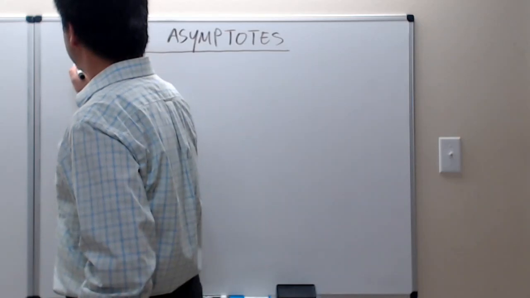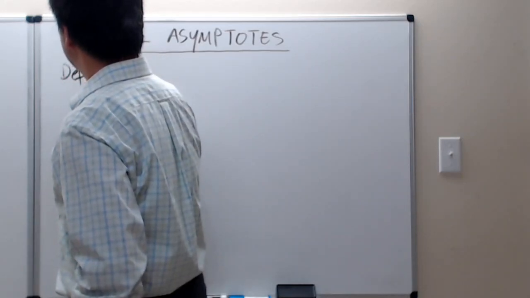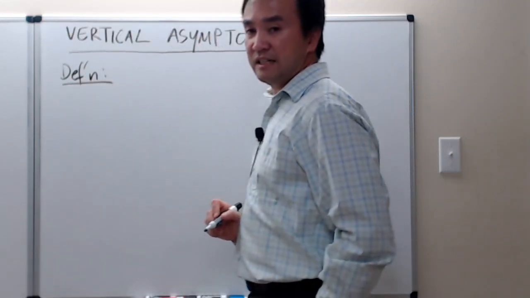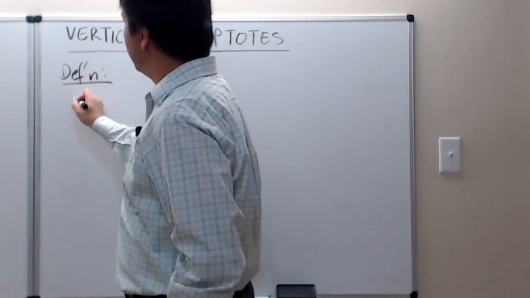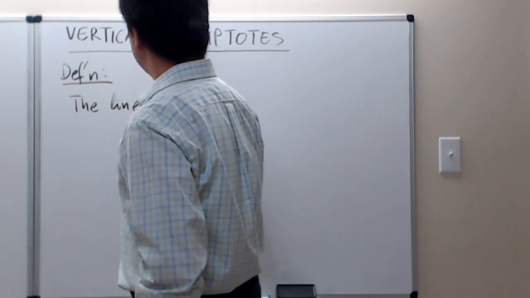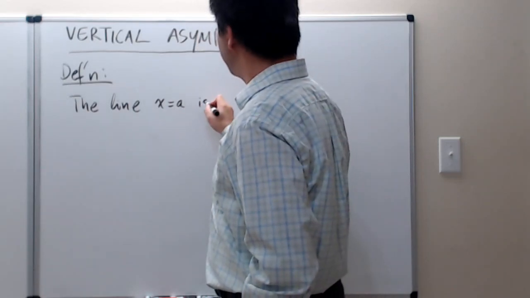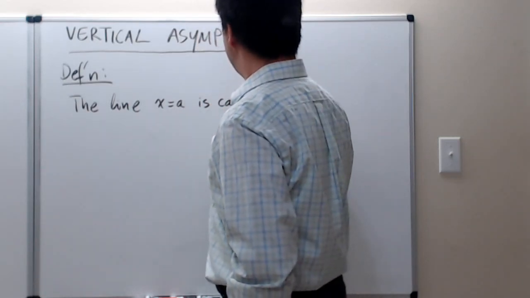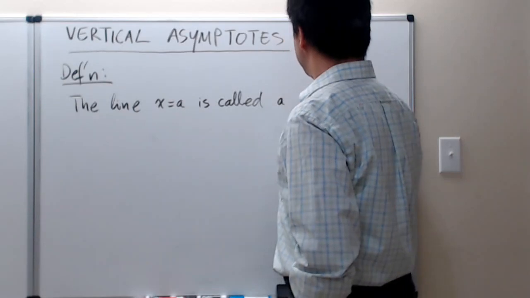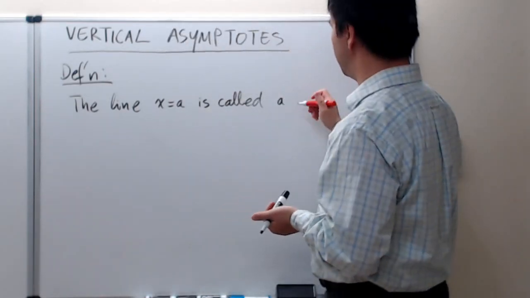Here's my definition. The line x equals a is called a vertical asymptote. As a new terminology here, allow me to write in red ink.